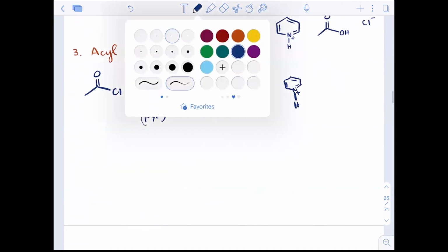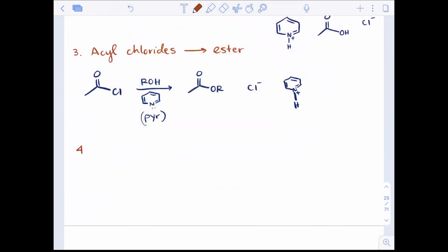Last one. Acyl chlorides to an amide. Now what's great about an amine is that an amine itself is a base.